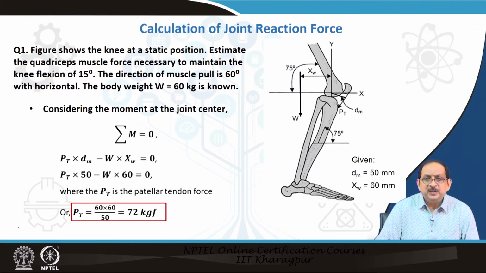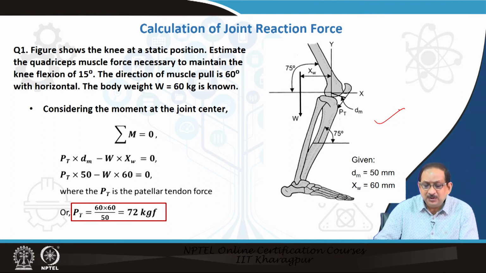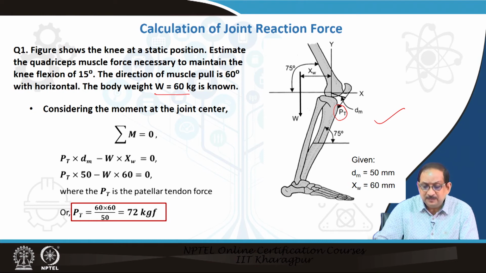Let us now move into the calculation of joint reaction forces. The figure on the right shows the knee at a static position. So, we need to estimate the quadriceps muscle force necessary to maintain the knee flexion at 15 degrees. The direction of the muscle pull PT is at 60 degrees with horizontal, and the body weight is 60 kg.